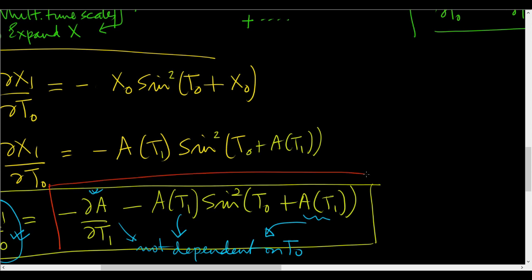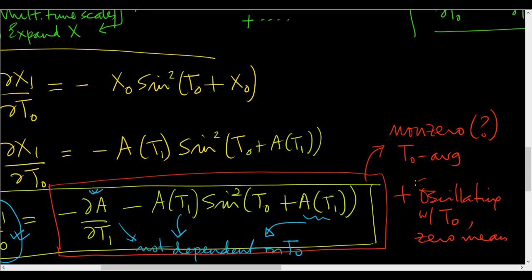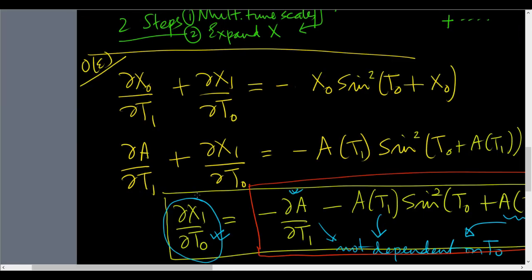this right hand side can be thought of as a non-zero, potentially non-zero t0 average plus something oscillating with t0 with zero mean. This part does not cause a problem here.